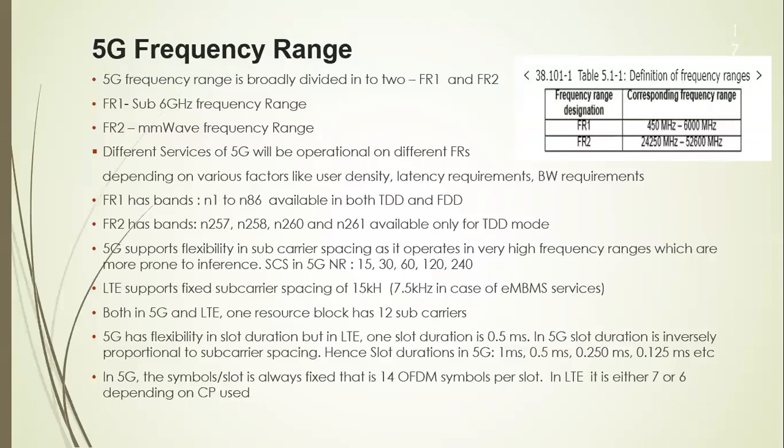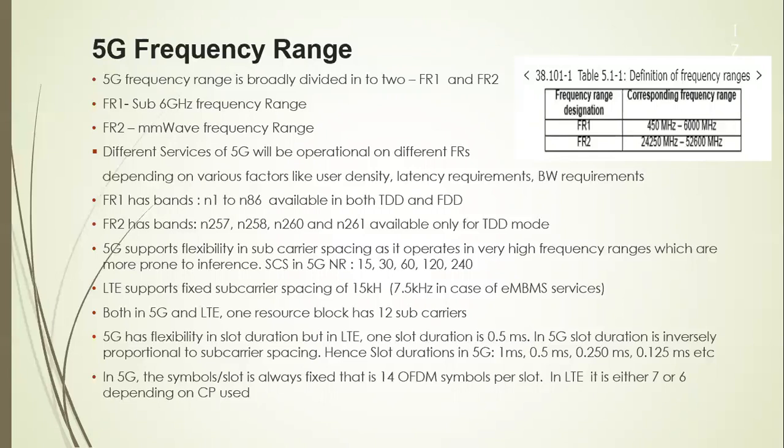In case of LTE, we know in 0.5 millisecond slot, we can accommodate 7 OFDM symbols if we are using a normal cyclic prefix, and 6 OFDM symbols if we are using the extended cyclic prefix. In case of 5G, we can have 14 OFDM symbols.